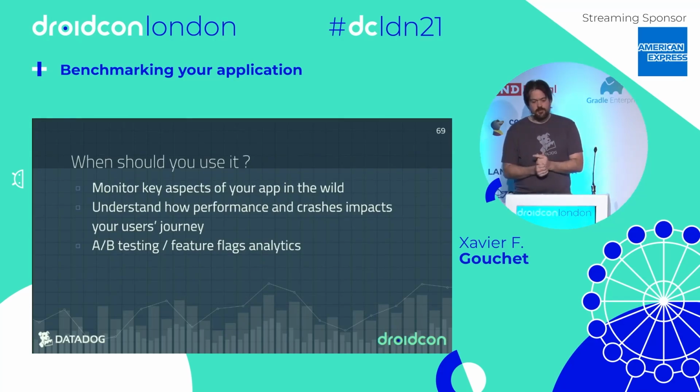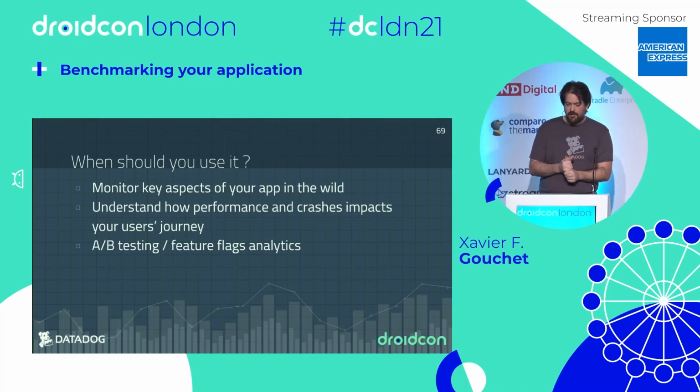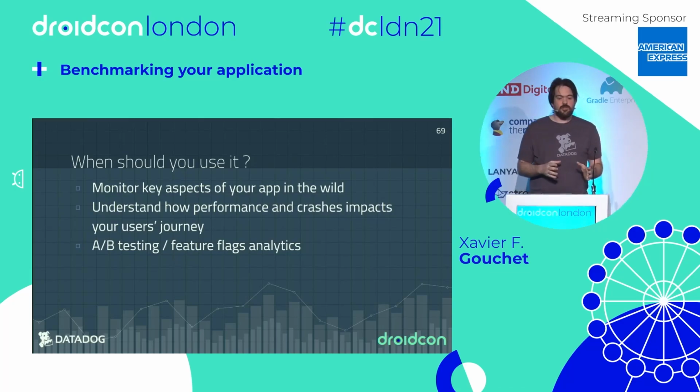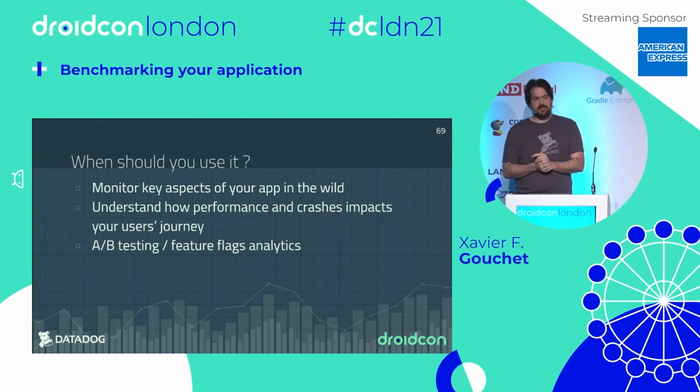So you can use it to monitor key aspects of your application when it's running in the wild. It's also very useful to understand how the performance and crashes are going to impact the user's journey. Also, it's very cool to do A/B testing and feature flags analytics.